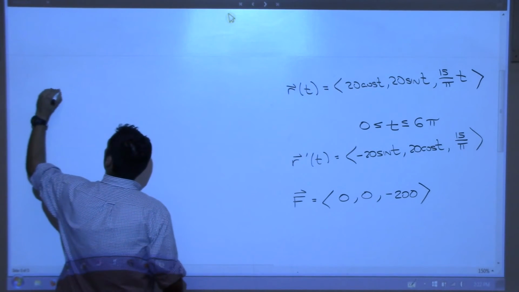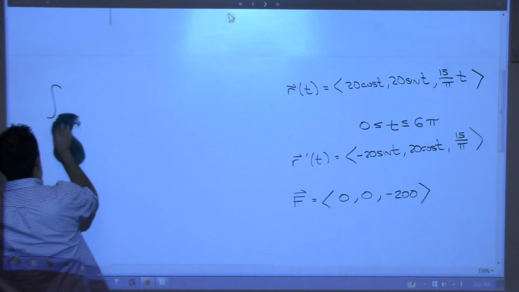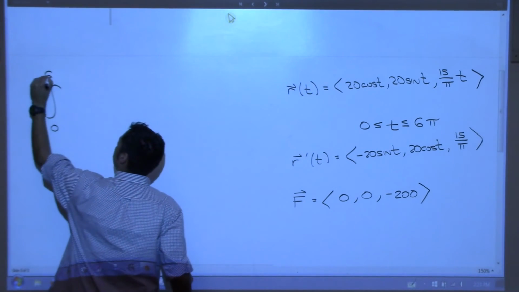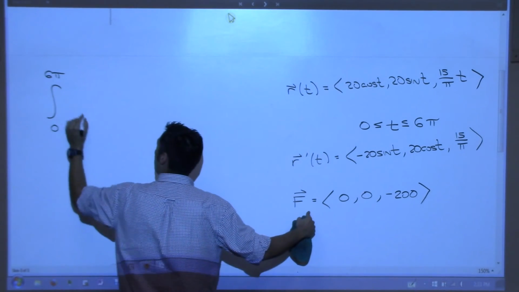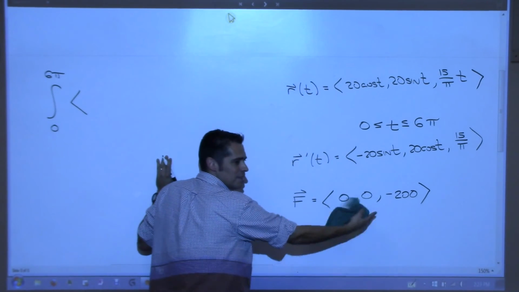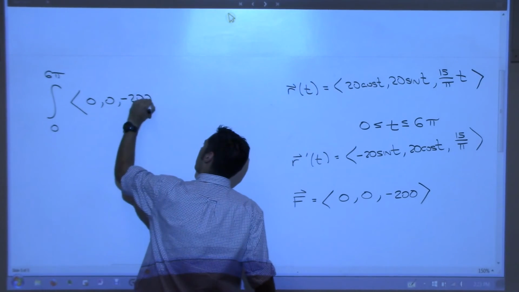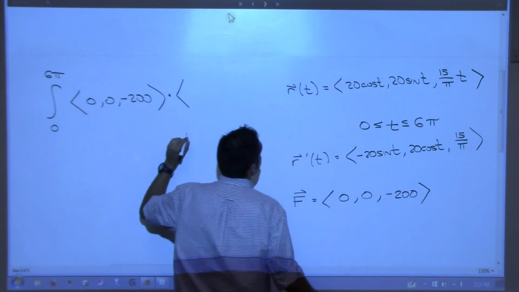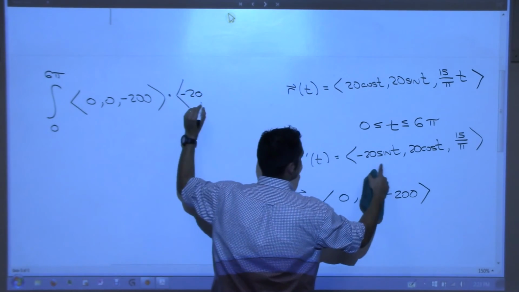Okay. All right, so I'm going to go back to this. I know I'm going from 0 to 6 pi. I'm doing my force with this curve plugged in, but my force doesn't have any variables, so I don't plug anything in. Dot that with negative 20 sine t.